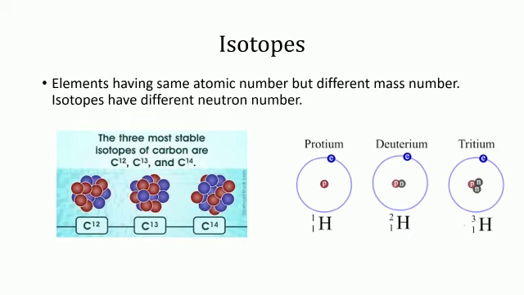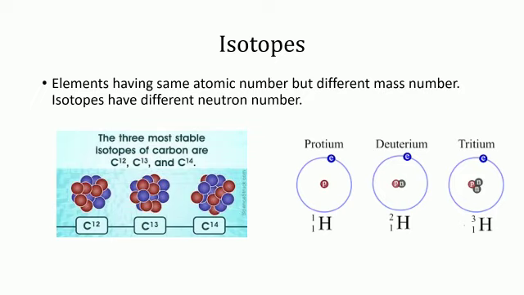Isotopes. Isotopes are elements which have same atomic number but different mass number. This is because the number of neutrons in the elements are different. We have studied that the total number of protons plus neutrons in an atom is the atomic mass number. For example, carbon has 6 protons and 6 neutrons, so its atomic mass is 12.